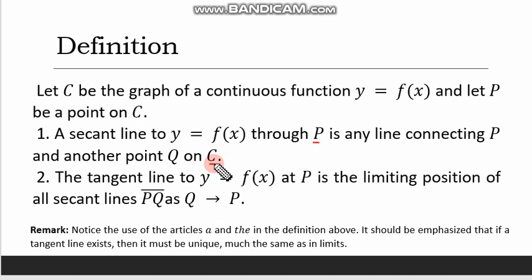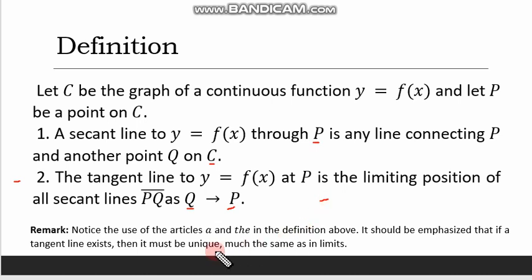However, we call it the tangent line to the function at P. It is a limiting position of all second lines, line PQ, as Q approaches P. The point Q becomes the point P as well. So that line is a tangent line.